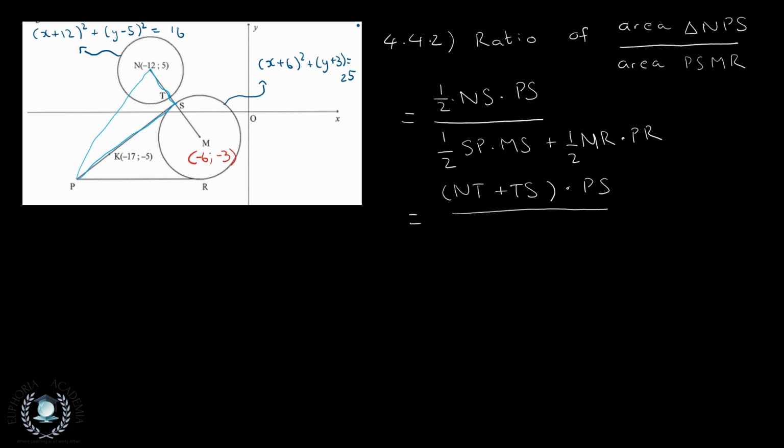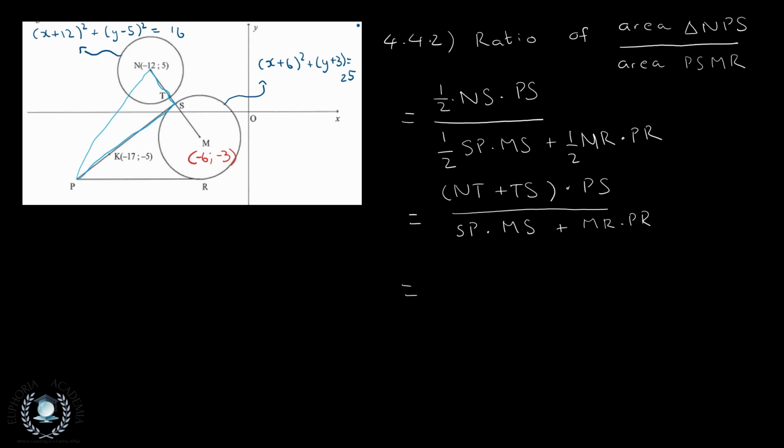And then at the bottom here is SP, which is PS as well, multiplied by MS, plus, if you just take out a common factor of half, you're left with SP plus MR, multiplied by PR. MR is the radius, PR we also have. So let us just do some substitutions.